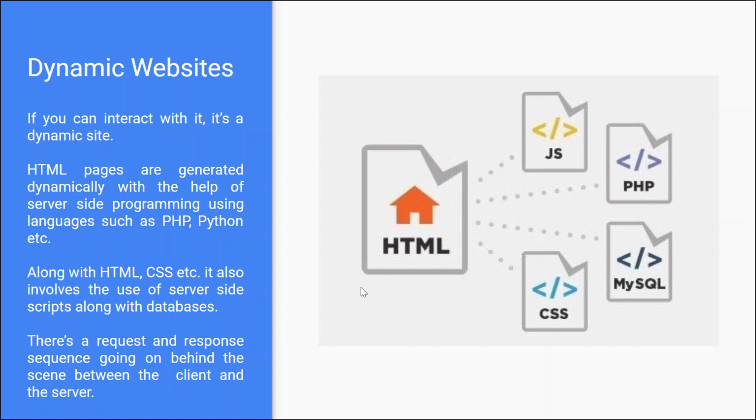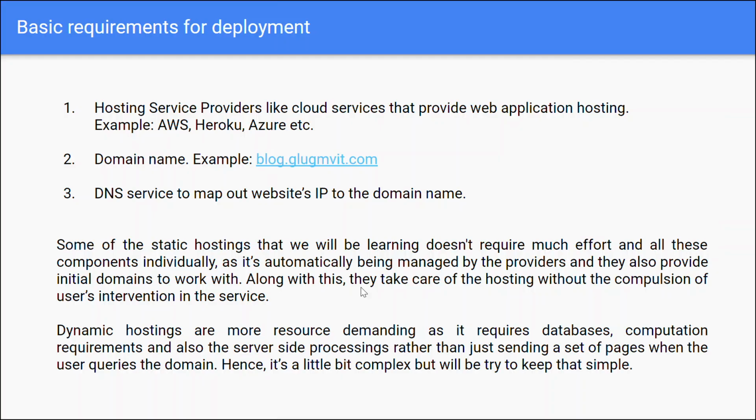So you have the HTTPS request and response there. That is how dynamic websites work. There is continuous interaction between the client and the server, so more resources are required, and you have to have a particular set of resources available for hosting dynamic websites. Static websites are comparatively easier to host because they are less resource demanding.